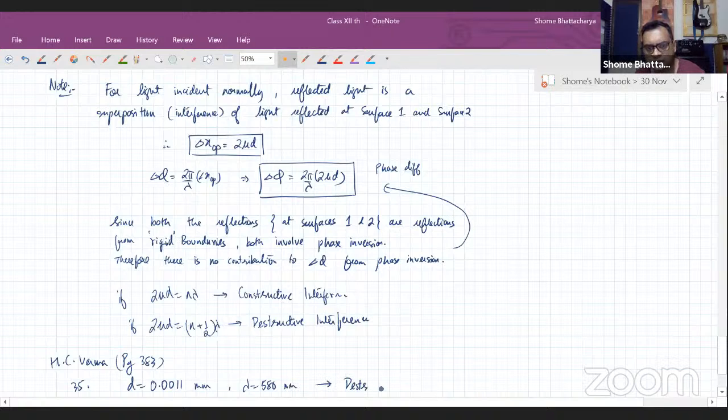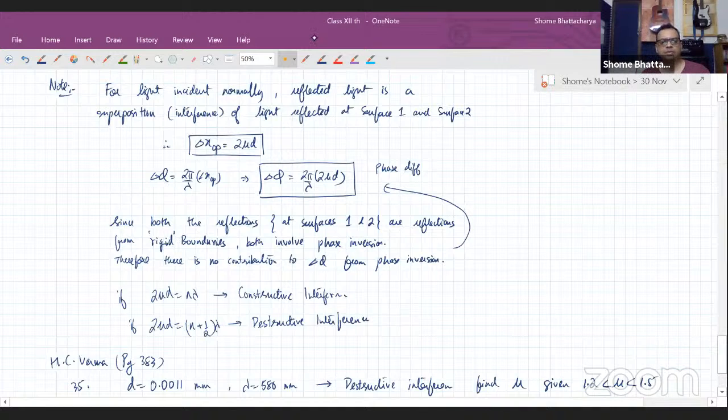So this produces destructive interference. It is given to us that the refractive index, so we have to find mu, given that mu is in between 1.2 and 1.5. So this is that type of question where that numerical analysis becomes important.